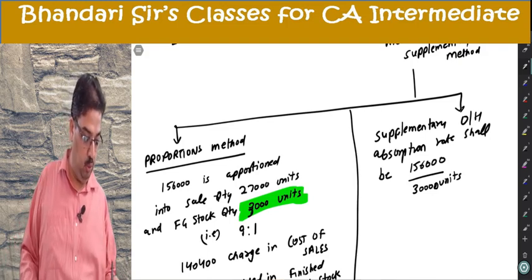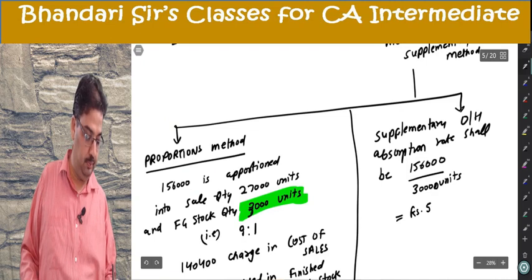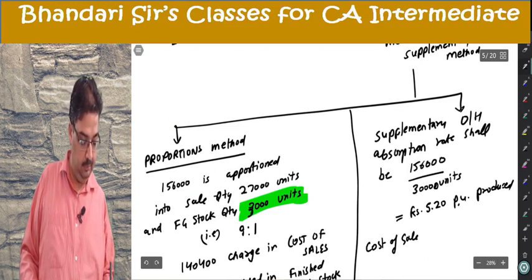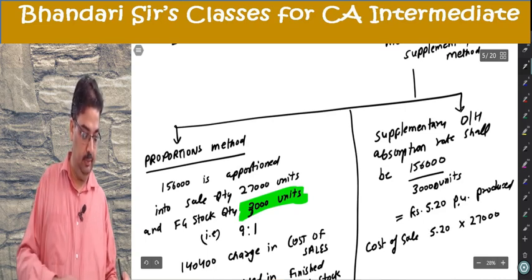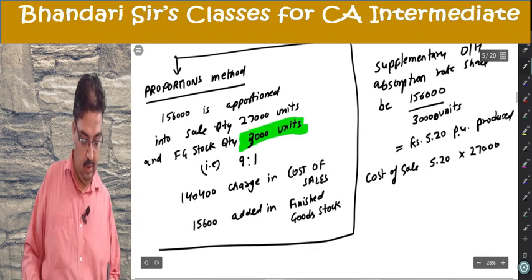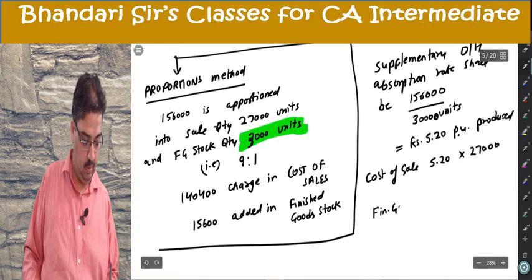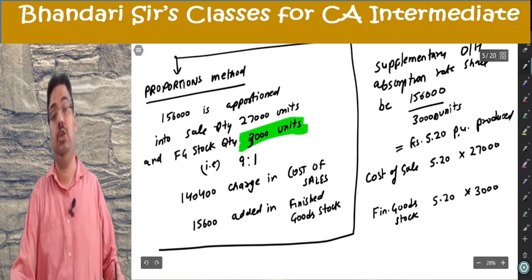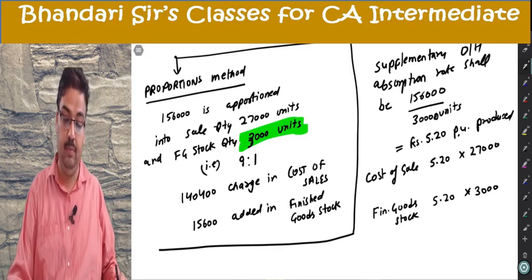It is 5.20 per unit produced. Cost of sale 5.20 into 27,000 and finished goods stock 5.20 into 3,000. When there is stock it is 3,000, when it is production unit it is 30,000.